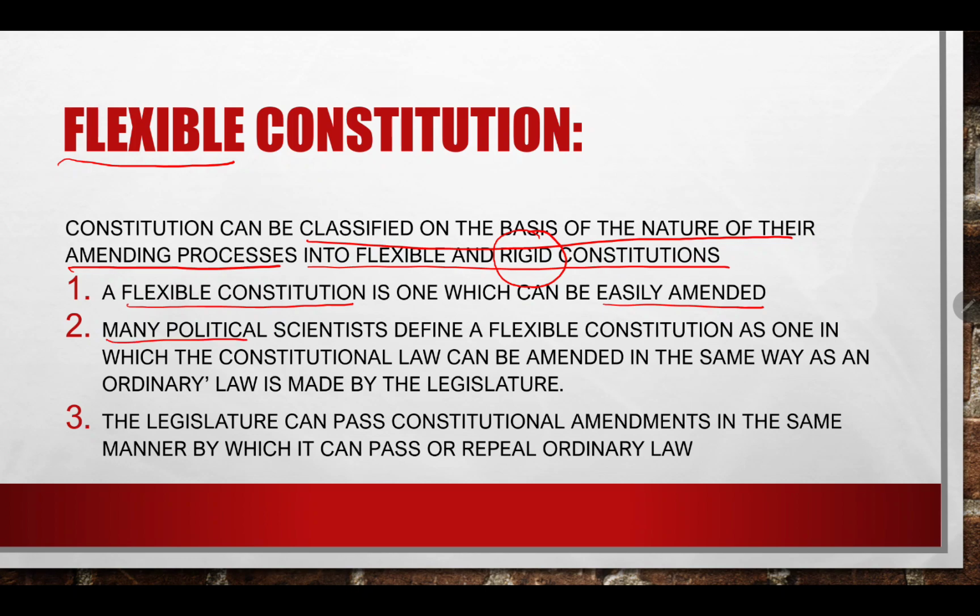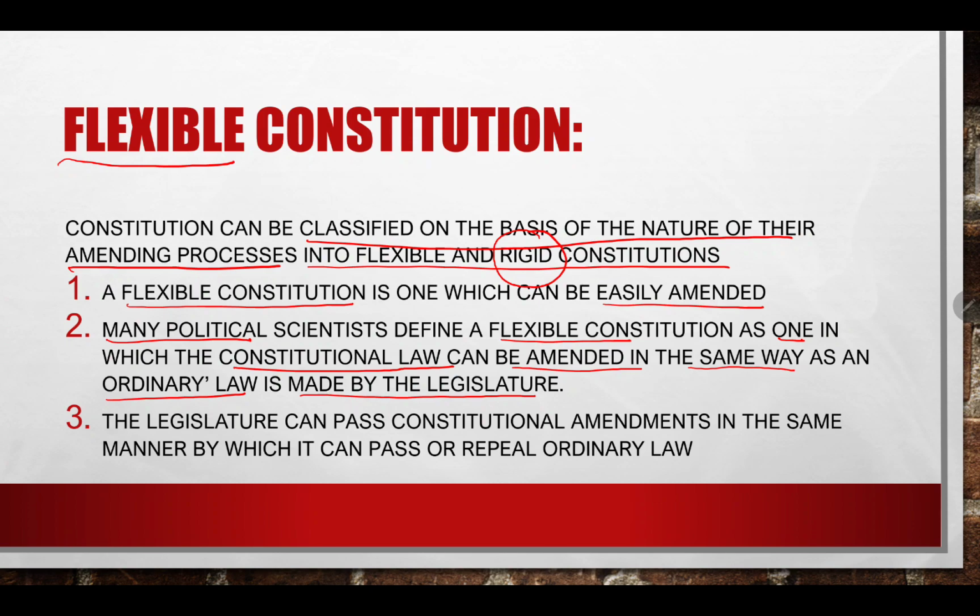Many political scientists define a flexible constitution as one in which the constitutional law can be amended in the same way as the ordinary law made by the legislature. Constitutional law is a fundamental law, a supreme law of the land.